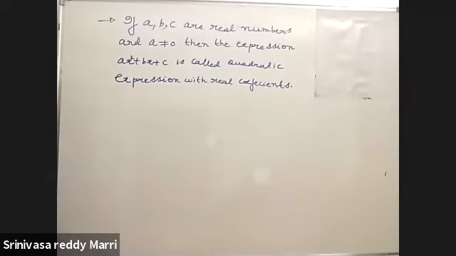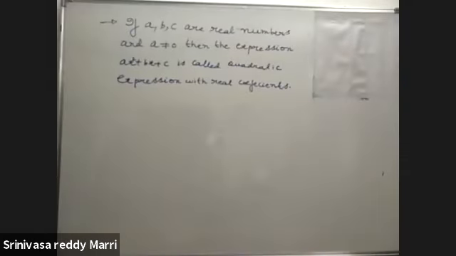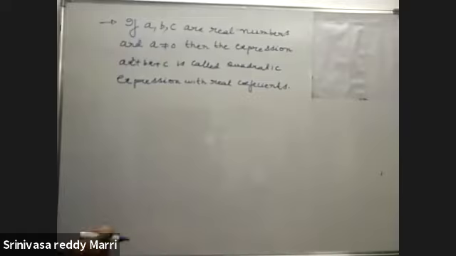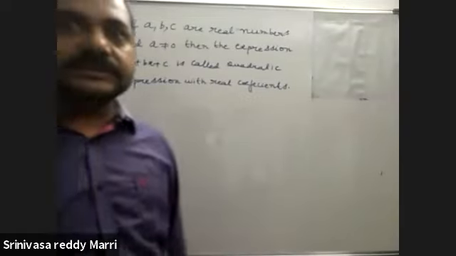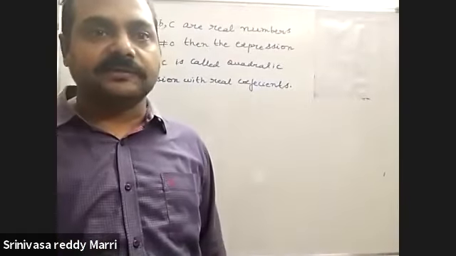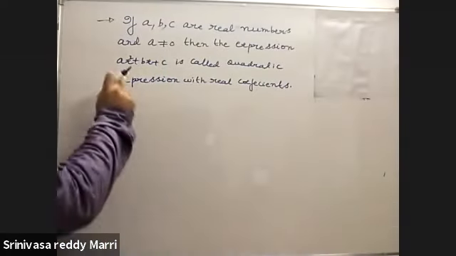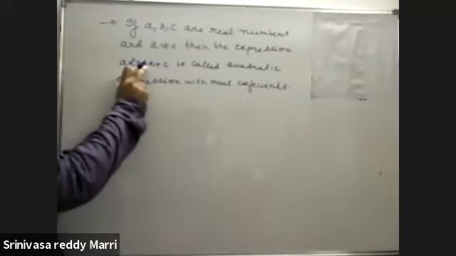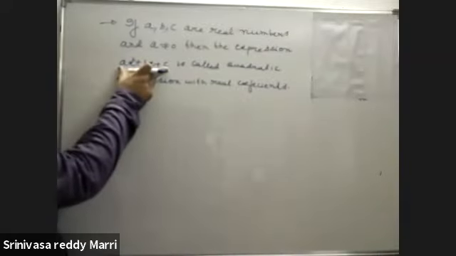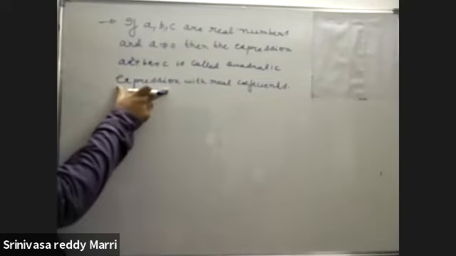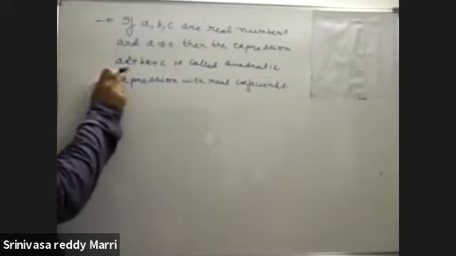Look at this. Quadratic expression means a second degree expression. Quadratic means second degree polynomial. Look at ax square plus bx plus c. A second degree polynomial is called a quadratic expression. Look at a, b, c.